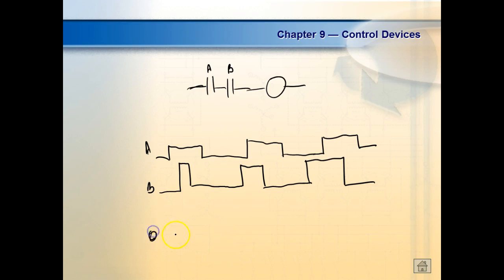So this is my output. What would my output look like if this right here was true and this down here was false? Well, my output would come over here, and this says all these have to be closed, right? So we'd get this right here, and then it would drop back down, right? And then I'd come over here and over here and over here, and then it'd go right there, and then it would stay right there.